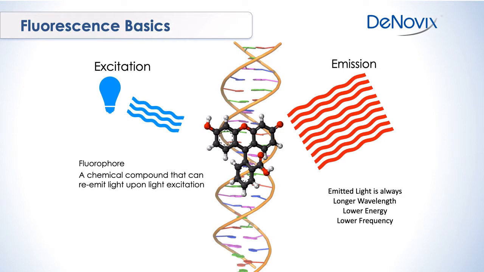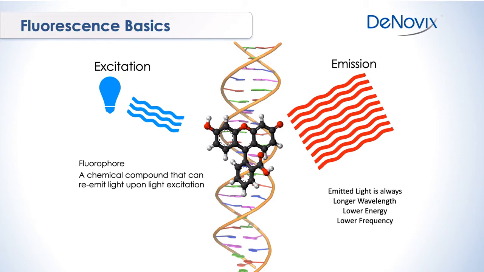So by binding to the molecule of interest, and this depends on the assay and the formulation of the assay, once it's bound to the analyte of interest, the fluorescence emission is enhanced, and that allows us to discriminate between fluorophores that are in suspension and fluorophores that have bound to their target molecule.